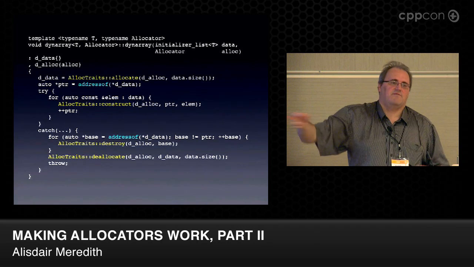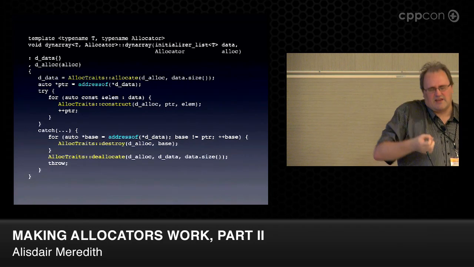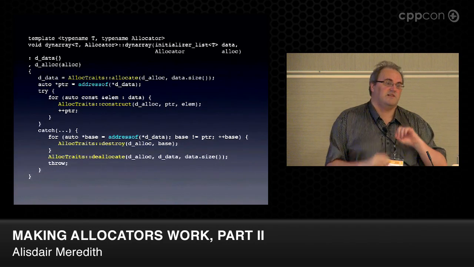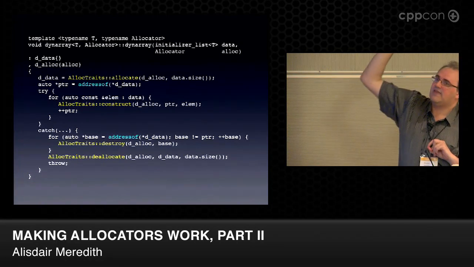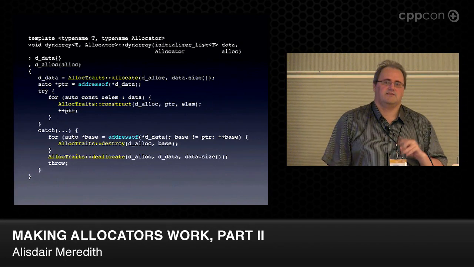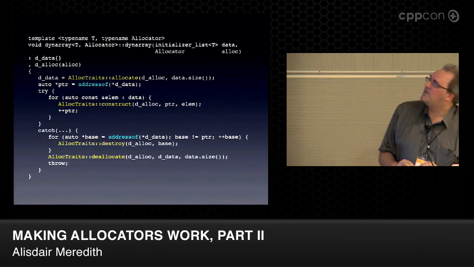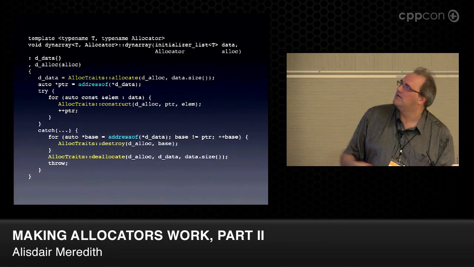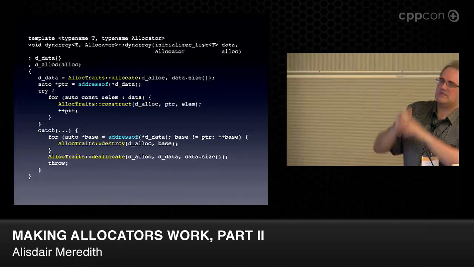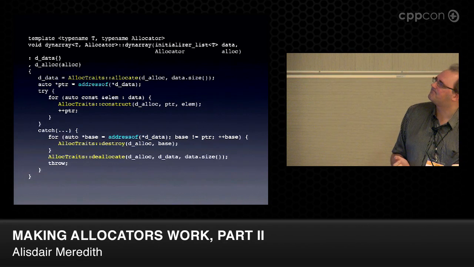Then I want to have that as a native pointer so that I can actually call my construct methods. This question came up earlier. Well, I've allocated memory for these many things. I've got essentially, hopefully, uninitialized memory there. But I can take the address of whatever that first element is and turn that into my raw pointer.